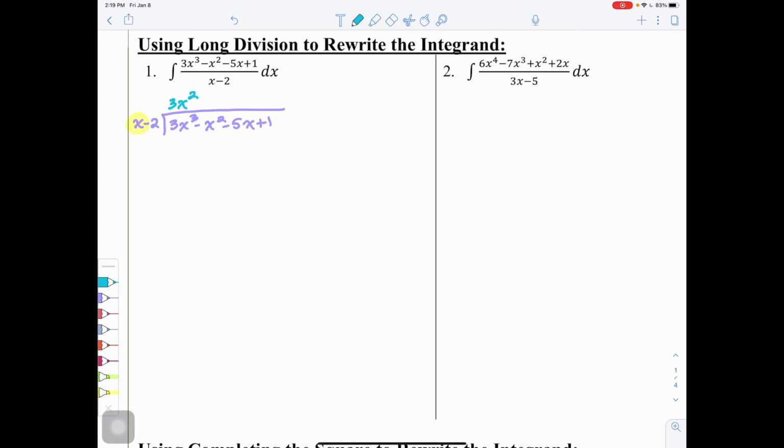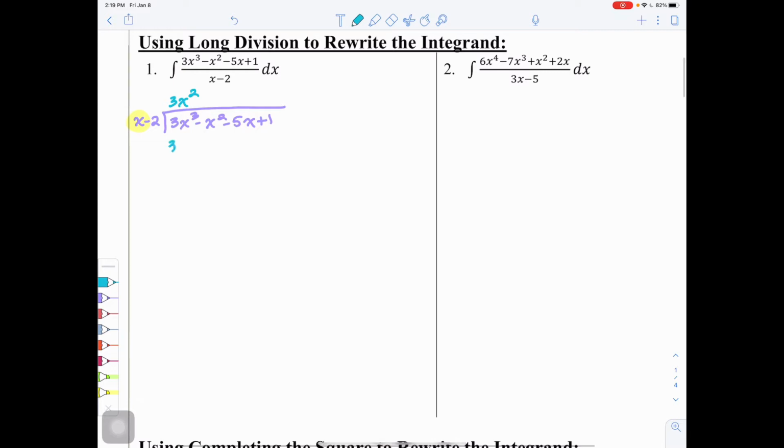Now after you make that decision, you have to go ahead and multiply x minus 2 by what you wrote up here. So it's 3x squared times x, which is 3x cubed, minus 6x squared, multiplying it by a negative 2. Now make sure you subtract everything.